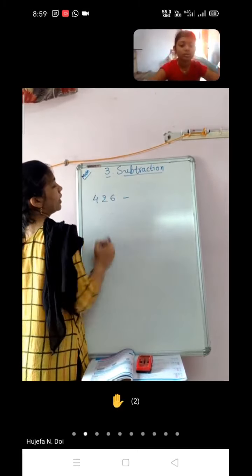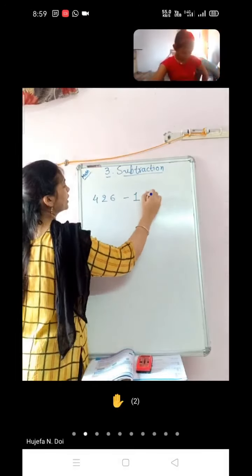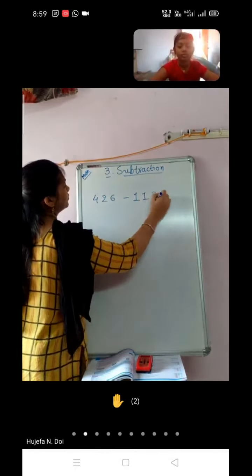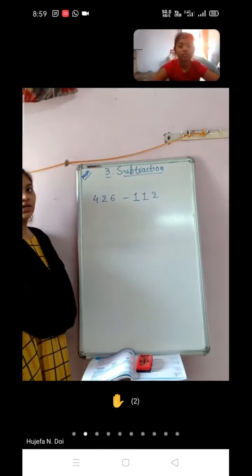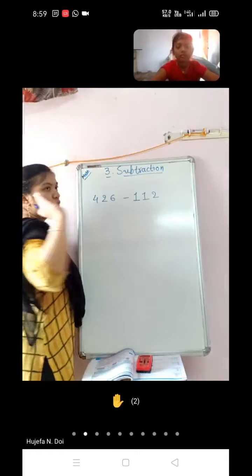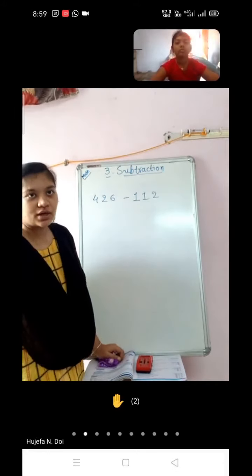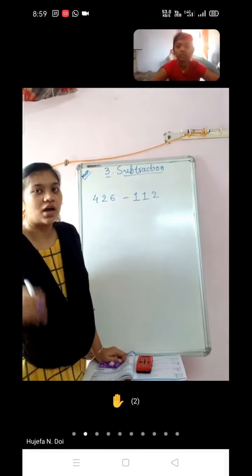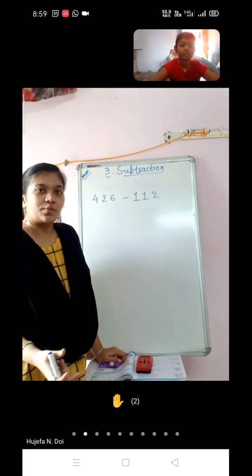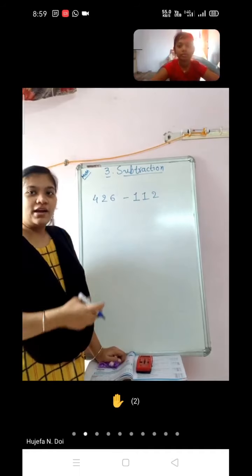426 minus 112. Now, as we did in addition, firstly we arrange them according to the places, then we start the addition from the ones place, then tens, then hundreds and thousands.